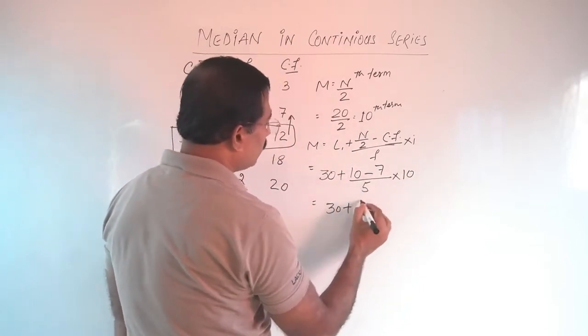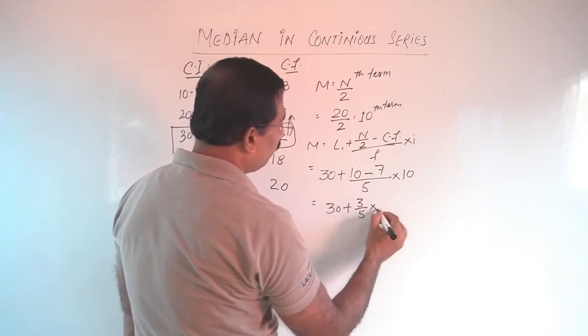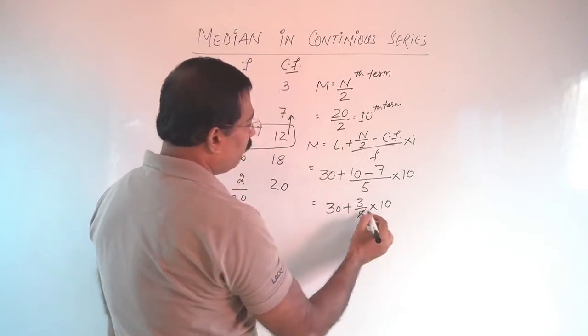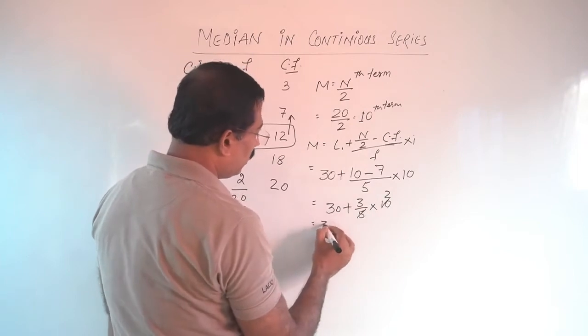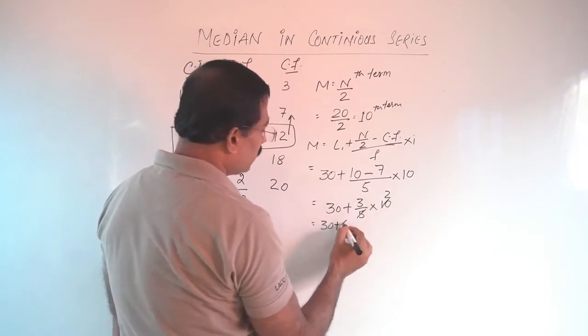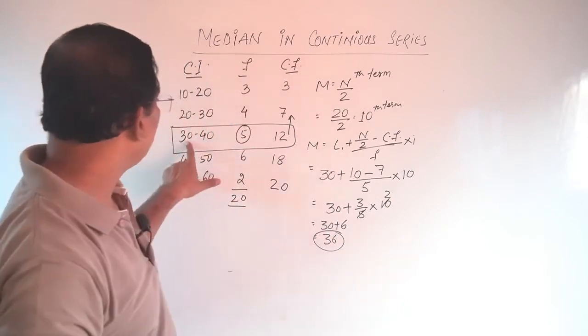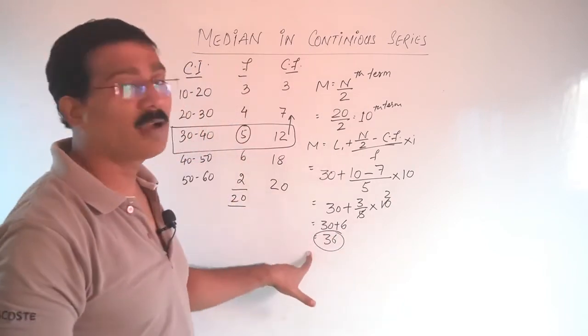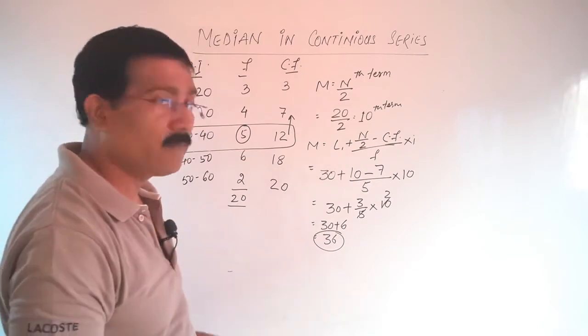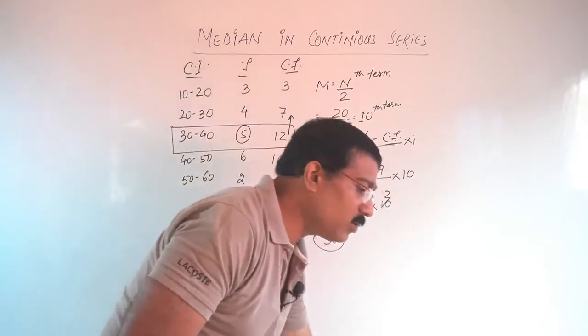Now 30 plus 3 upon 5 into 10. 5 twos are 10, so 30 plus 3 twos are 6. The result will be 36. 36 is between 30 and 40, so this is the correct answer. Okay, very clear? Now the next question.